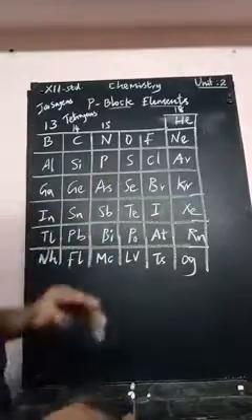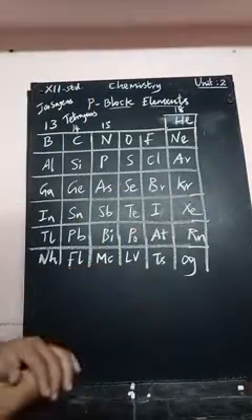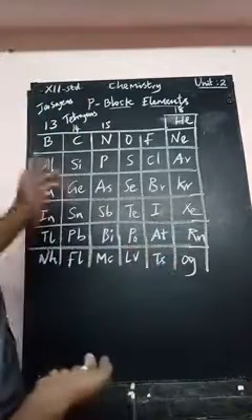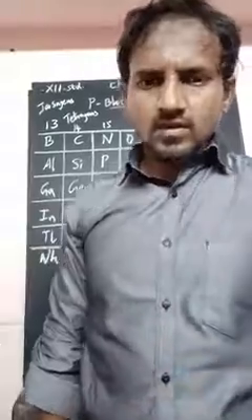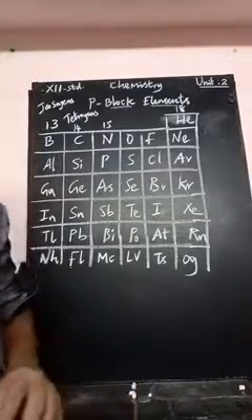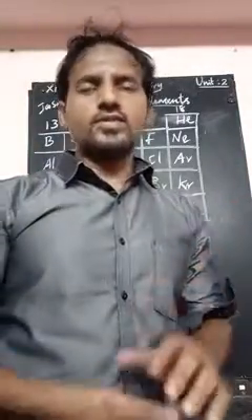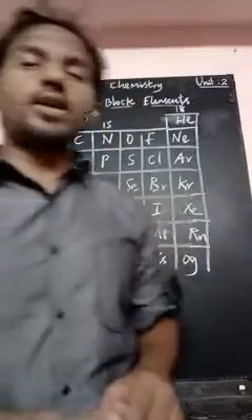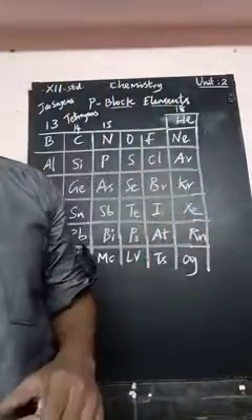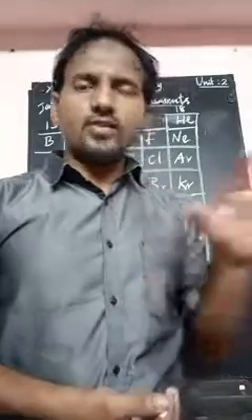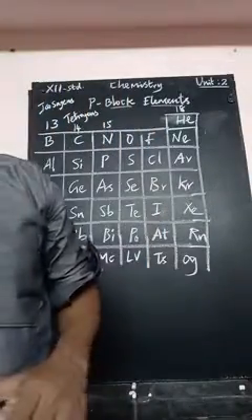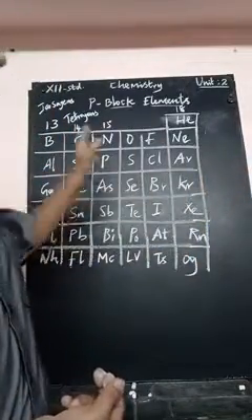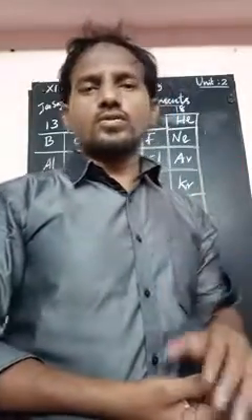Why are they called icosagens? Because these group 13 elements, otherwise called triels, have a 20-faced polyhedron structure, and most of the metal borides have that structure, and hence they are called icosagens. They are otherwise called triels because group 13 elements belong to the third main group.